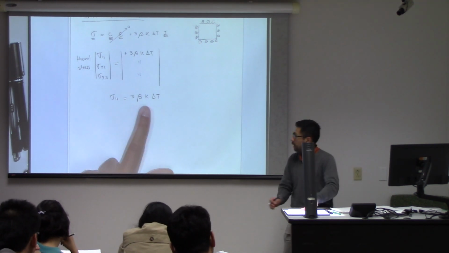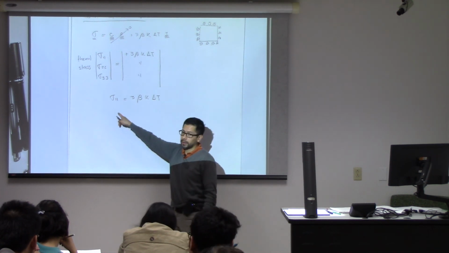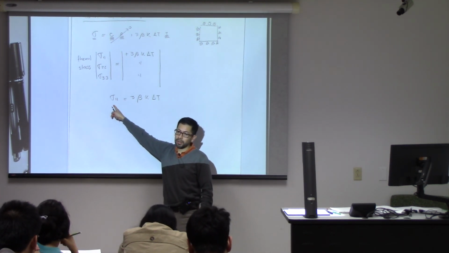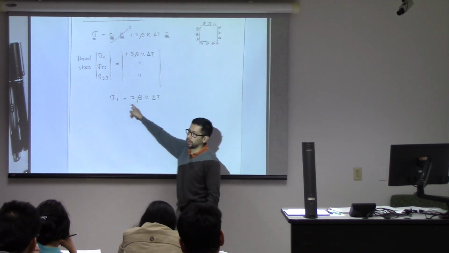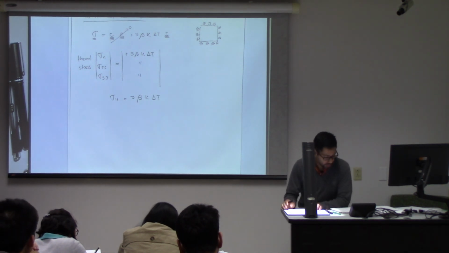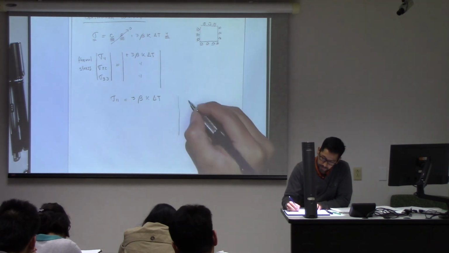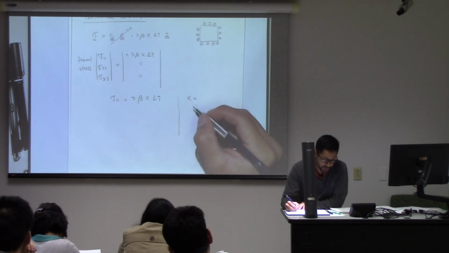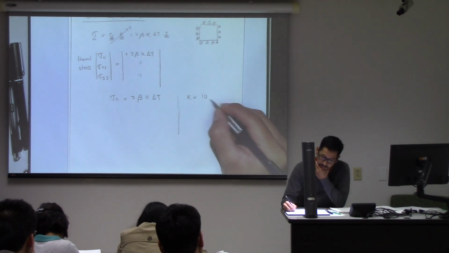So notice again that if we have a positive change of temperature, that leads to a positive increase of sigma 11, which means compression, and a negative change of temperature leads to tension, which makes sense with our assumption. So let's say that we have a bulk modulus which is about 10 gigapascal.